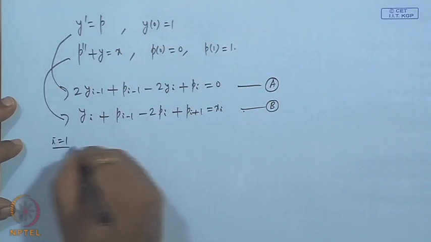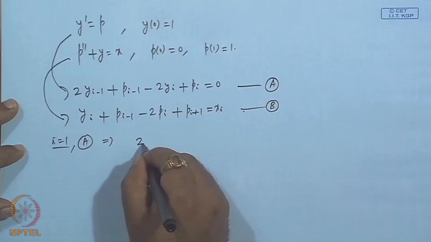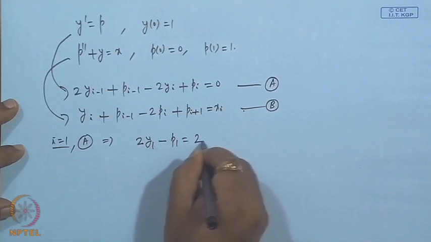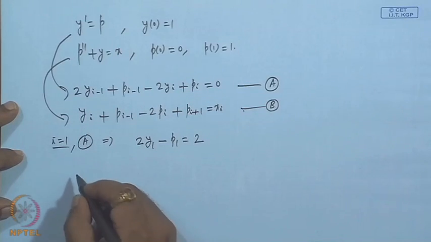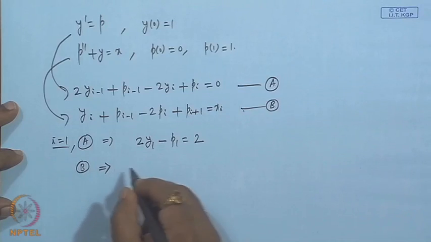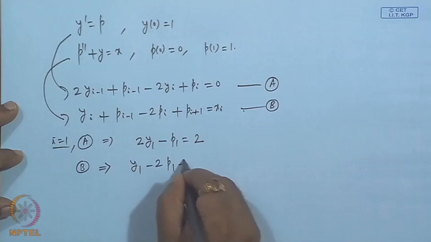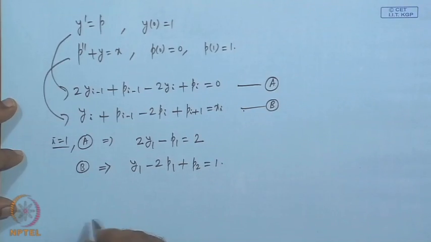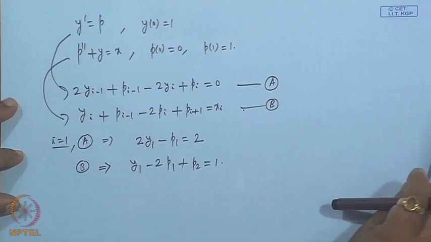So, for i equals 1, A gives us 2 y 1 minus p 1 is 2, because I have simplified, you can do it. Okay. Then B gives us, okay, right. So, this we have done for a general case.